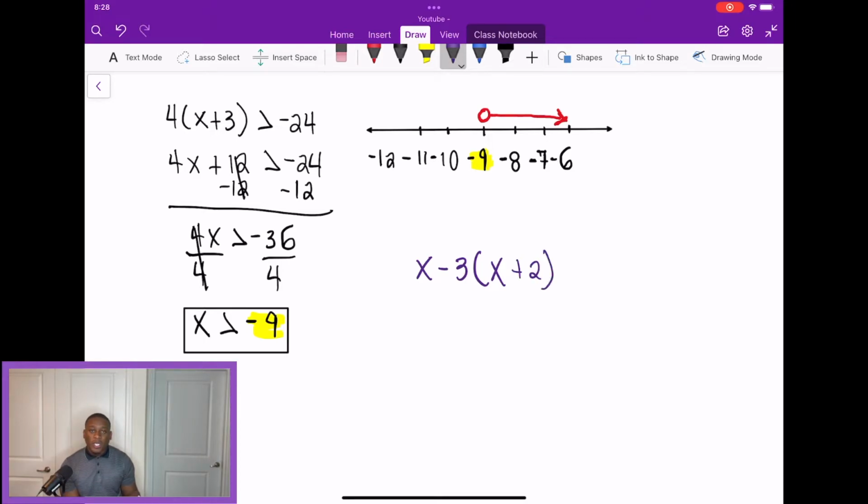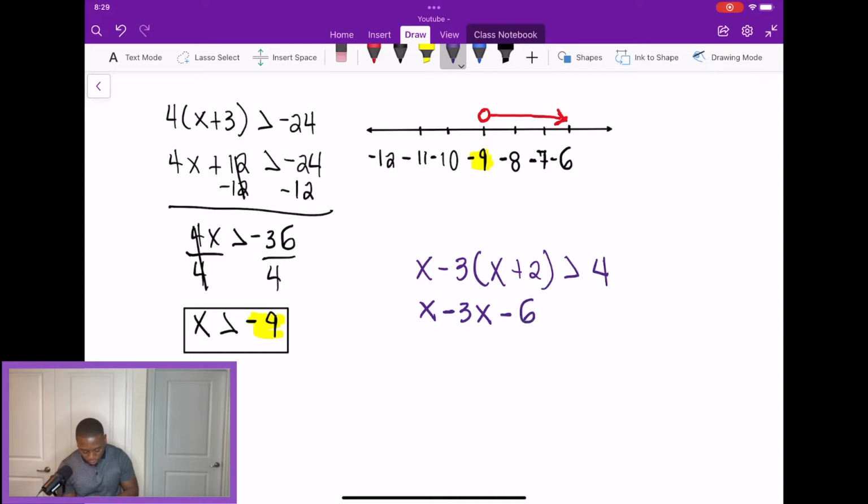Next thing we want to do is distribute. And what we want to remember is that the 3 is negative. So that means we're going to have negative 3x. And when we multiply negative 3 and 2, we'll get negative 6. And then we'll just write the remaining part of the problem.